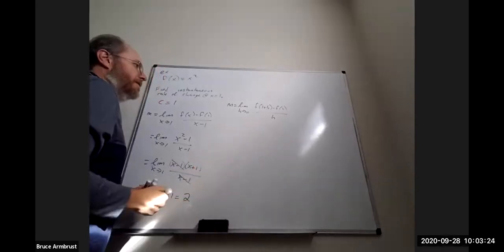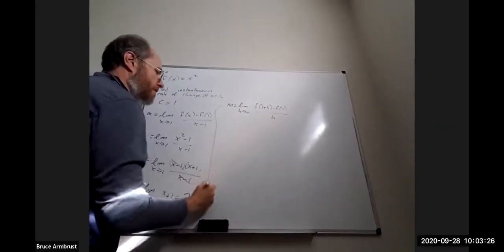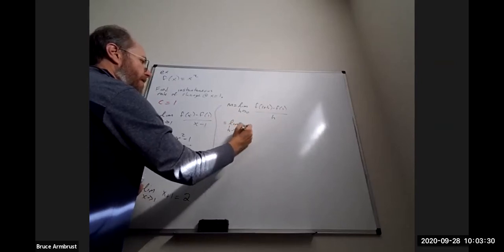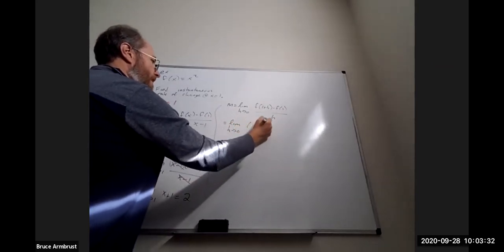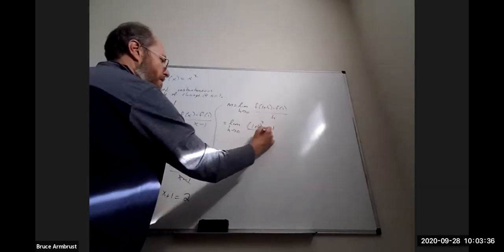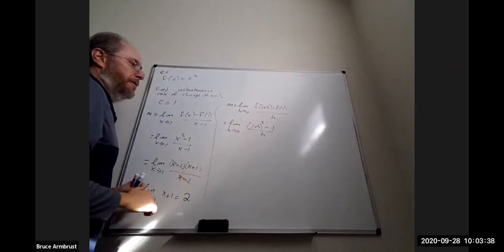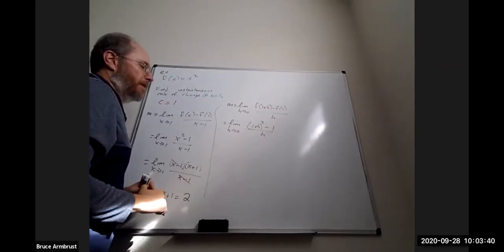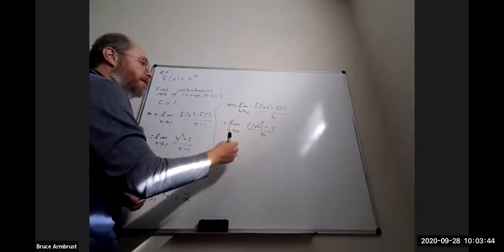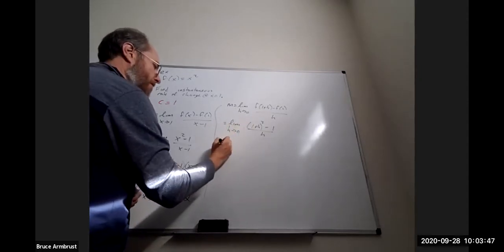All right, so let's plug those into the function and see what this does for us. So we're going to get the limit as h goes to 0 of (1 plus h) squared minus 1 over h. Again, don't bother trying to plug in 0 because we know it will fail. So instead, let's do algebra.